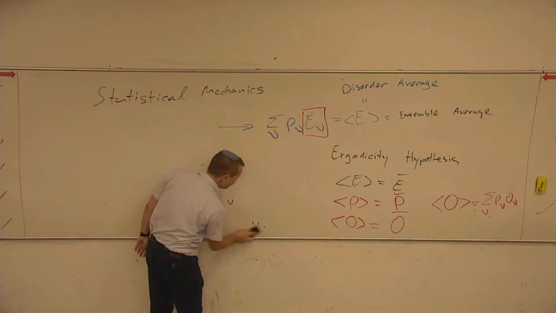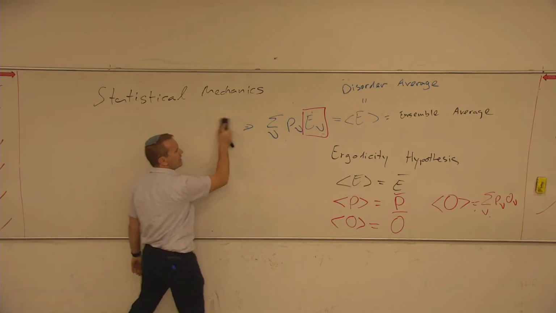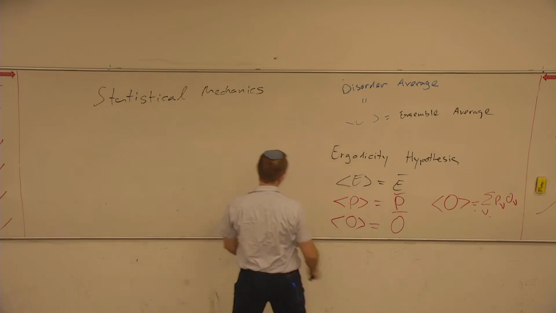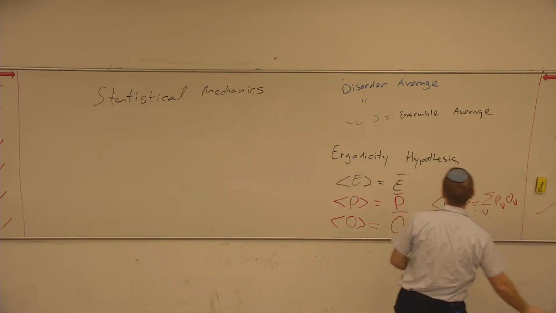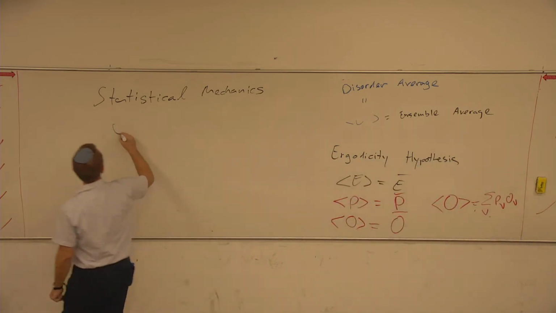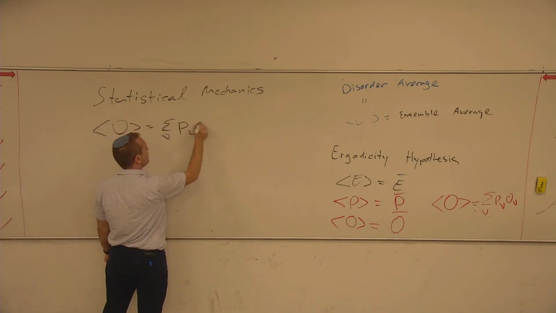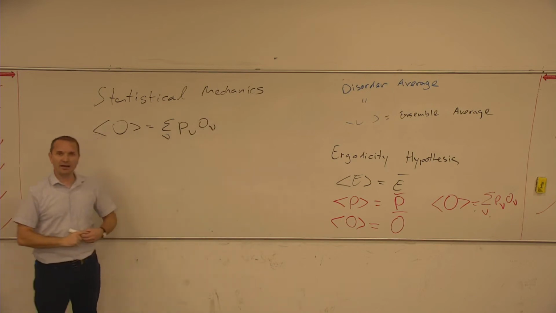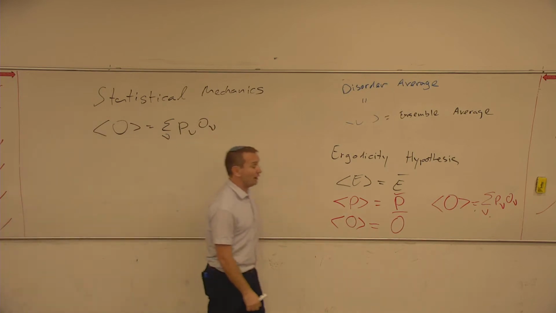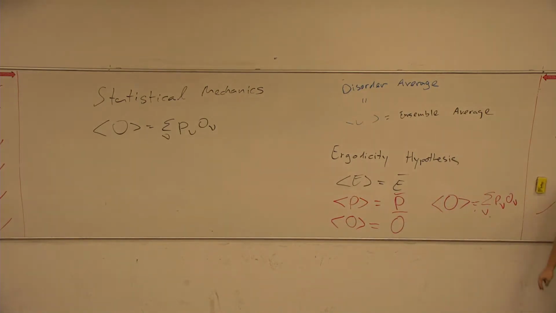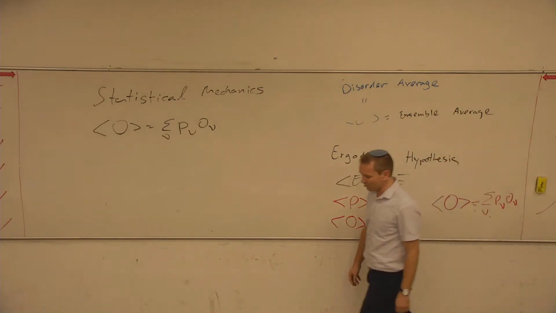Okay, but what I have told you so far, so great, we have the ergodic hypothesis, and we want to measure some specific observable. This observable is O, and I'm simply saying this is the sum over ni of P of ni times O of ni. And before, like 5 or 10 minutes ago, I told you it's impossible to solve any physical problem. You have solved 3 problems in quantum mechanics.